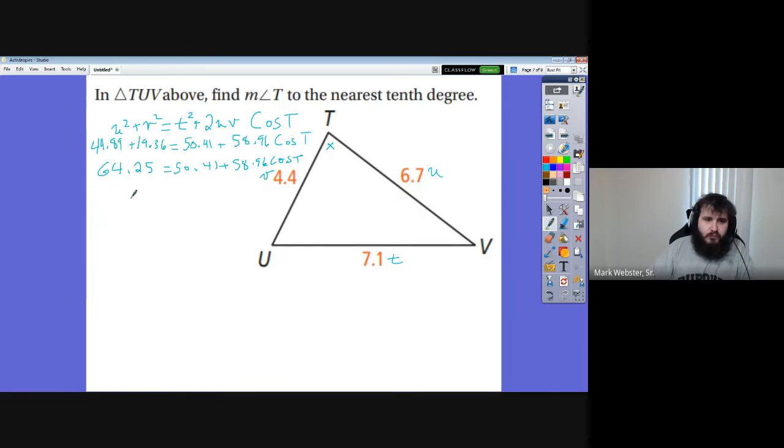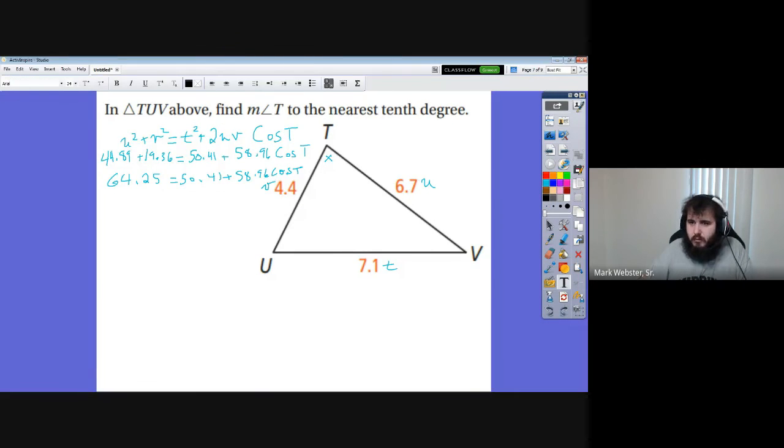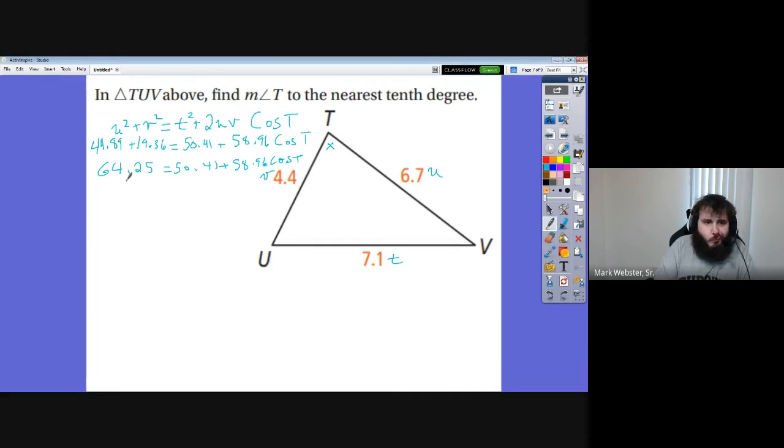So subtract the 50.41, get 13 point something. 64.25 minus 50.41, 13.84. And we look here, this number we got here, much smaller than this one. So at the very least, we're going to get an answer. That's good.